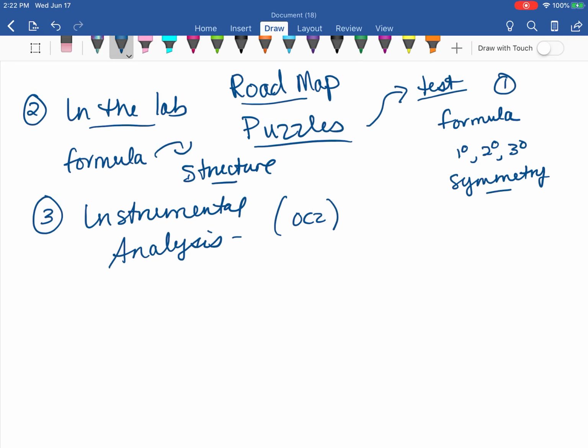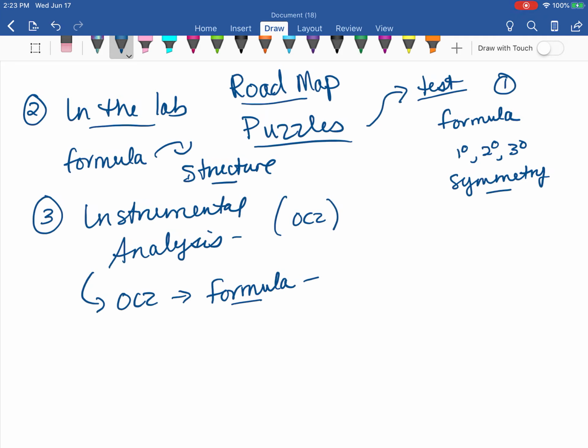So I want to start training your brain that way. Literally, one of the first instruments that we started using in organic chemistry, and actually all of chemistry, was our mass spec and elemental analysis. And guess what? We will start those in OChem 2, and guess what they give you? Formula. You've already started to think about these back in Gen Chem when you solve for your empirical formula.